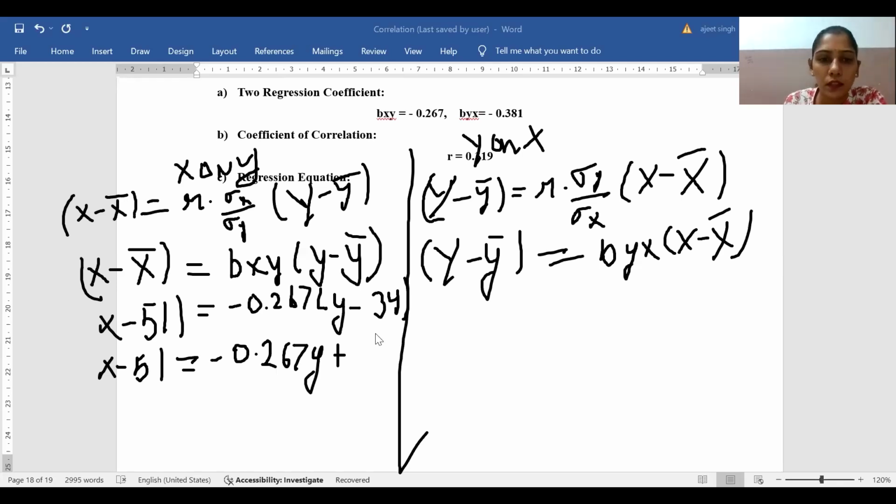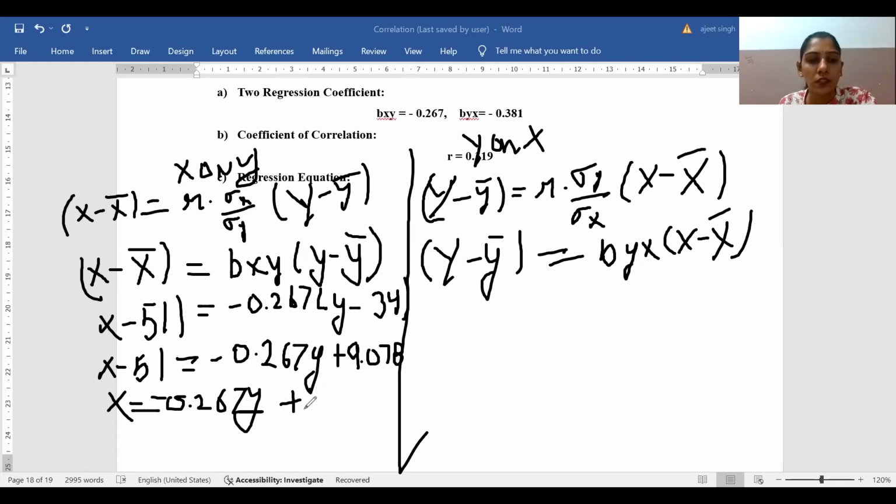So the equation of x is equal to minus 0.267y, and we have to add 51 with 9.078. So 51 plus 9.078 is 60.078.